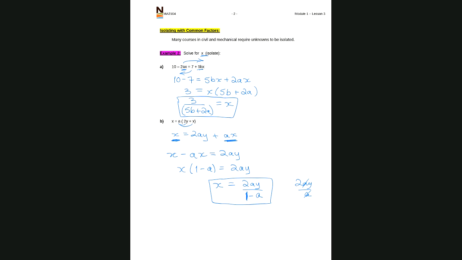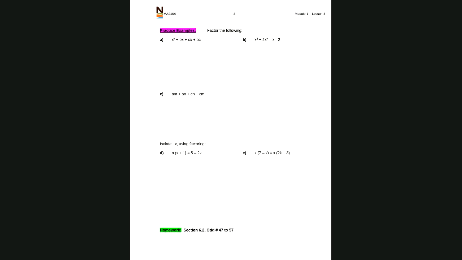So the last page, the practice examples. Again, you can pause the video and look at the solutions in a minute. For a, we don't need to rearrange the terms.